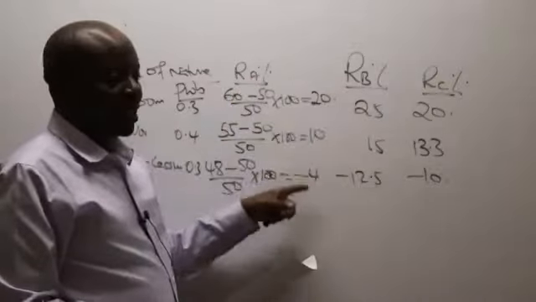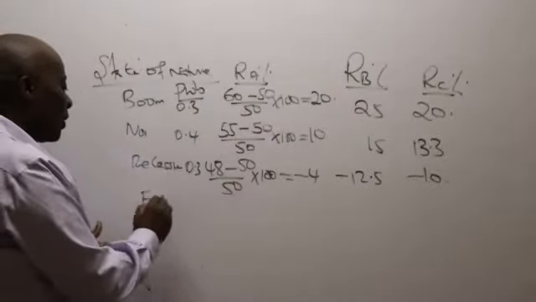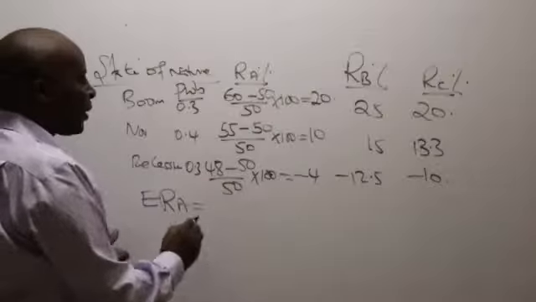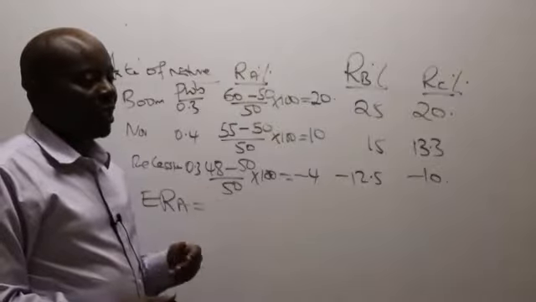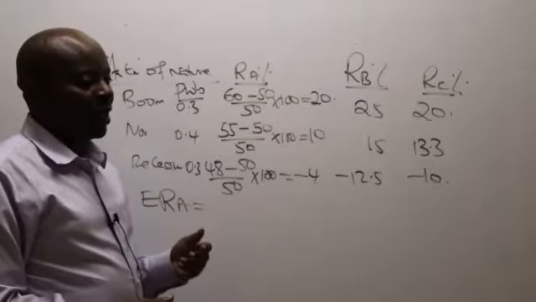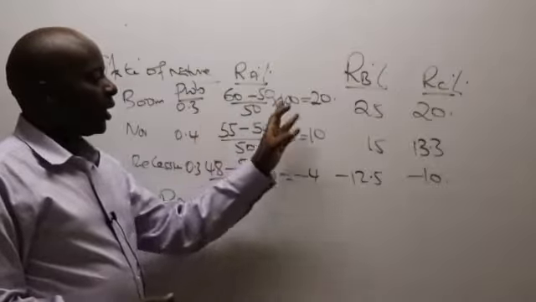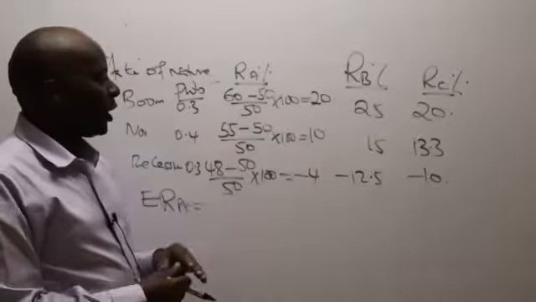Now, having gotten these probabilities versus the returns, a good student will tell you the next thing should be for you to get expected returns. So could you kindly give me expected returns of A? What shall we do to be able to get expected returns of A? You take the returns of A up to here and multiply them with their corresponding probabilities.